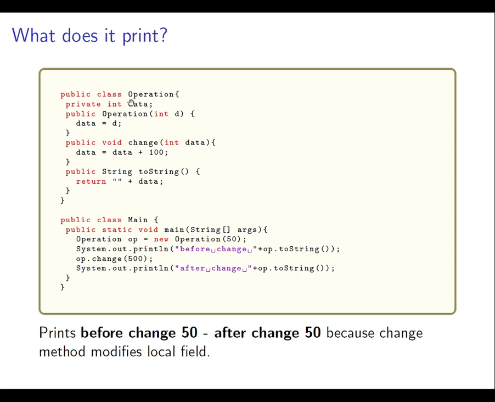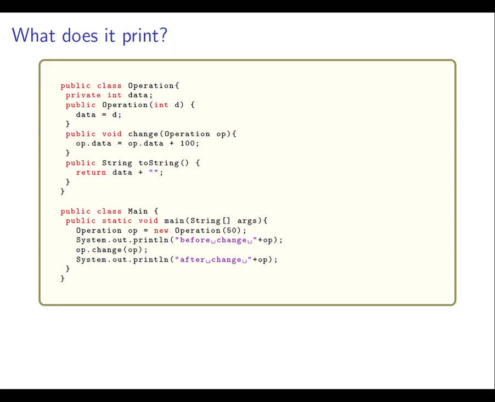We've got data here, which is the instance variable data, and we've got data here, which is the argument to the change method. And when we go data equals data plus 100, what we probably intended was for that data to be that data. We probably intended to be setting the instance variable to the value of the argument plus 100. But that isn't what this Java code does. The change method modifies a local field. It attempts to modify the parameter itself. That doesn't work.